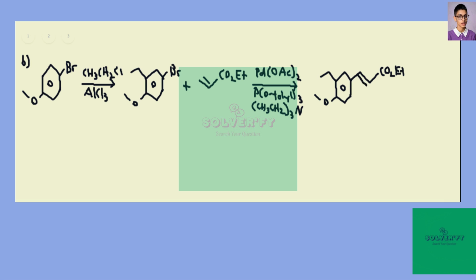Double bond here. Okay, and so from here, what we're going to need to do is going to be a reduction to get rid of that double bond. And so hydrogen gas and palladium on carbon are going to reduce that for us.